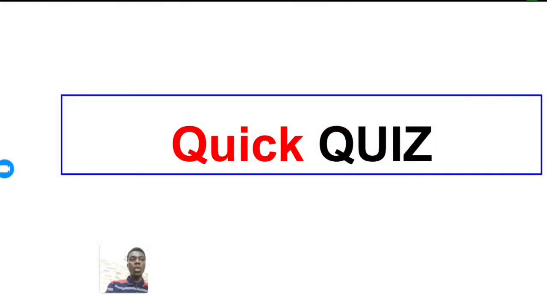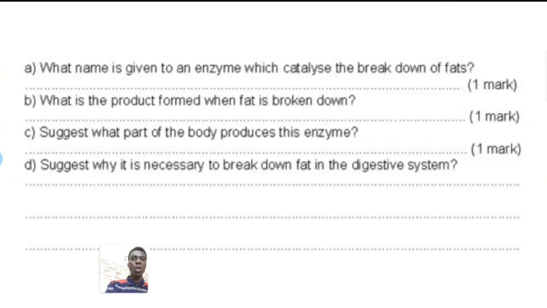Let's do a quick quiz on this. It says, what name is given to an enzyme which catalyzes the breakdown of fats? I guess you say lipase. What is the product formed when fat is broken down? Fatty acids and glycerol, or glycerol and fatty acids, either way. Then, what part of the body produces this enzyme?